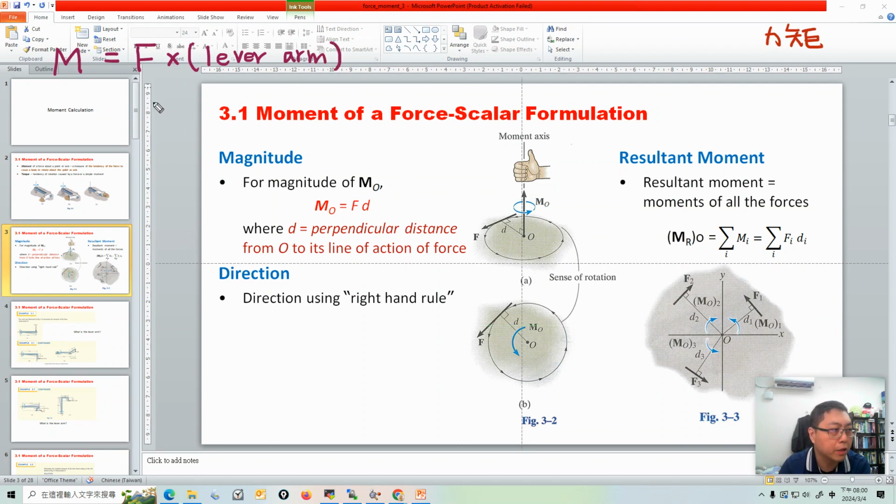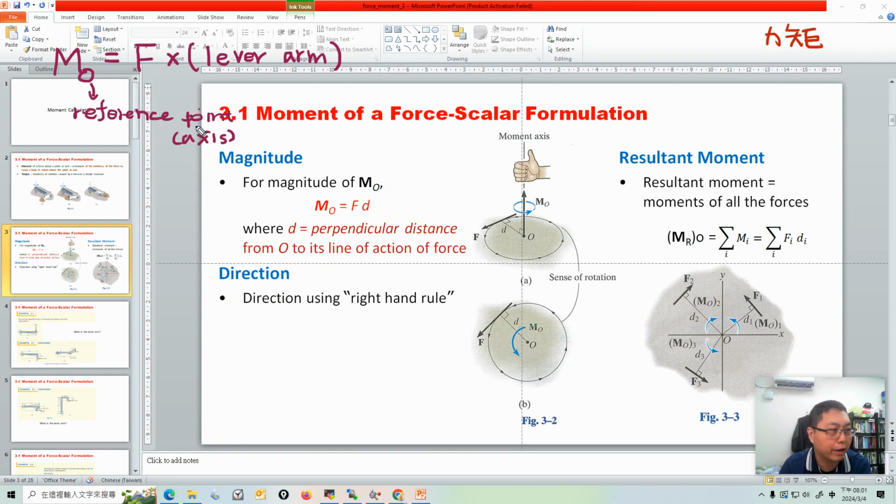Lever arm in Chinese is called 力臂. Especially when we try to calculate a moment, we will have a reference point, M_O. Actually it's a reference axis, not only a point.